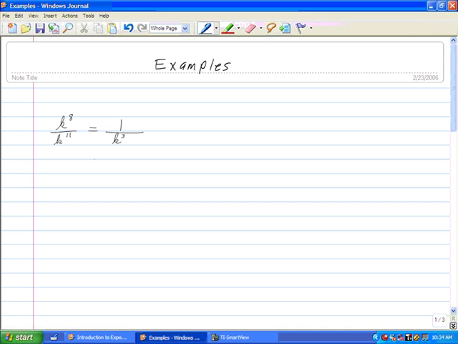Let's go back and look at this problem using definitions again. K to the 8th over k to the 11th, according to the definition of exponent, would be 1, 2, 3, 4, 5, 6, 7, 8 k's on top, and 1, 2, 3, 4, 5, 6, 7, 8, 9, 10, 11 k's on the bottom.